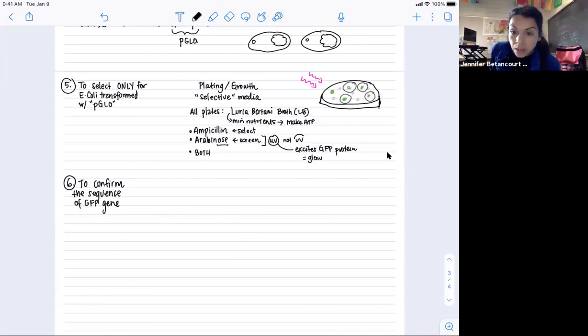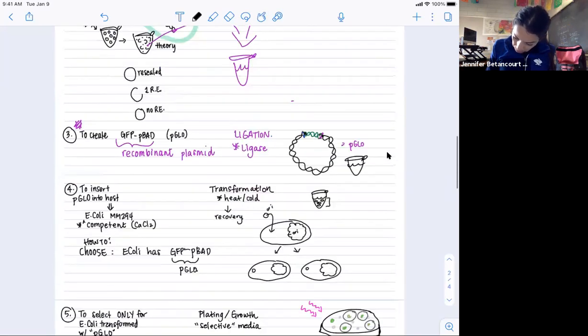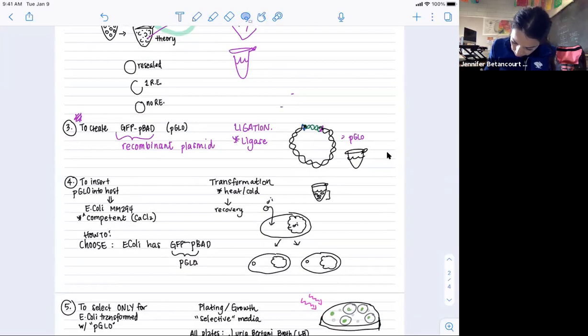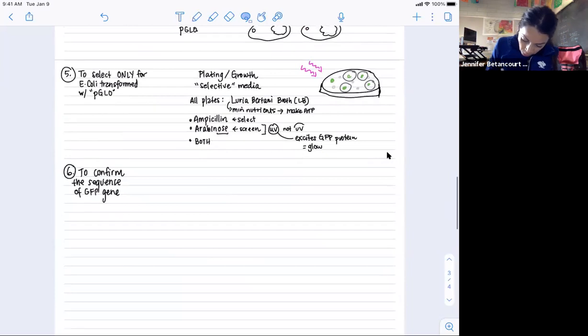All right, so yeah, if you want to confirm the sequence of a GFP gene, these cells, I'm gonna go ahead, where's my little picture here? You're assuming these cells, based on their glowingness and based on the ability for them to grow in the presence of certain reagents, not only have the PBAD backbone, right?